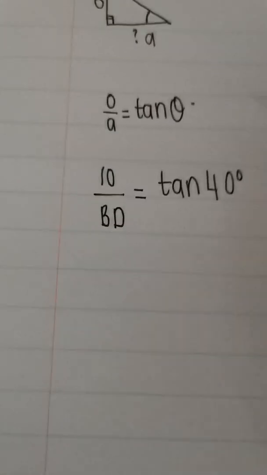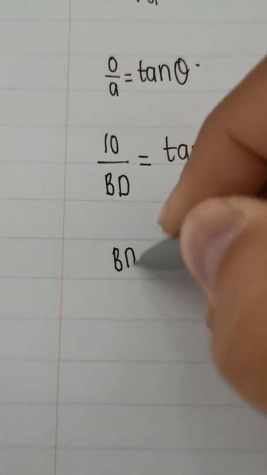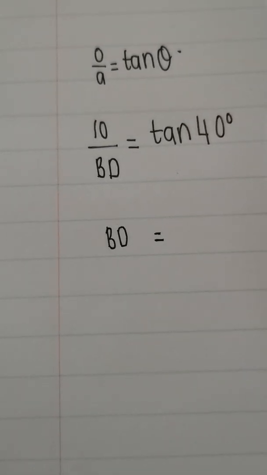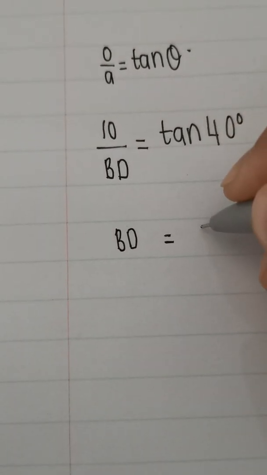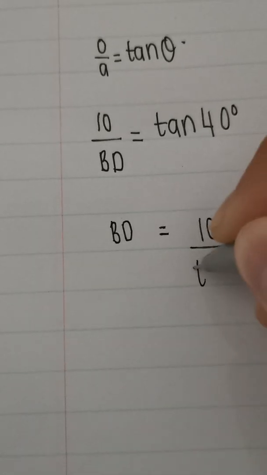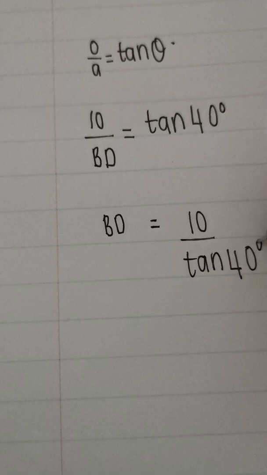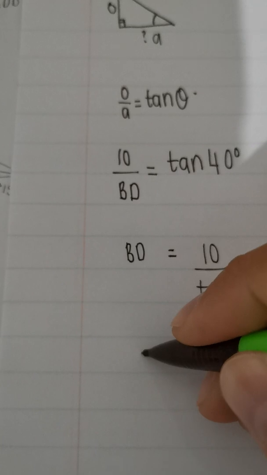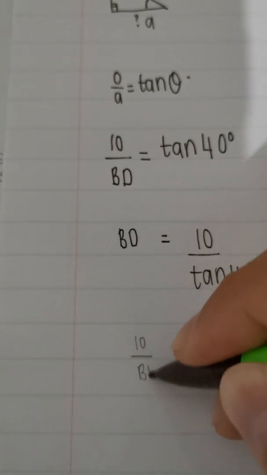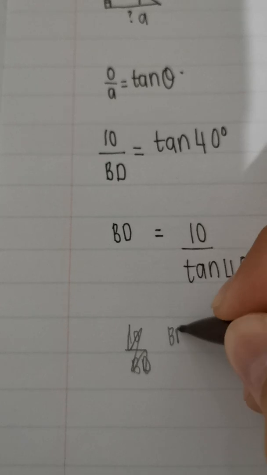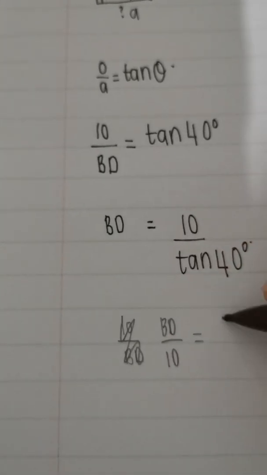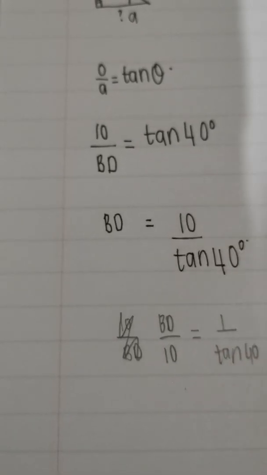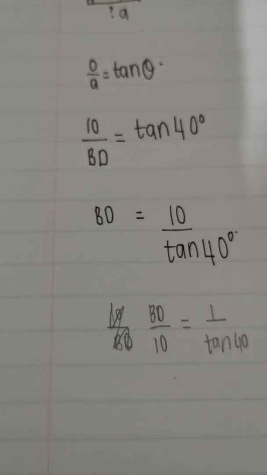Okay, BD is equal to, we're flipping this around, so it would be 10 over tan 40 degrees. What did I do over there? I basically did this, and then I multiplied that side by BD, giving me BD equals 10 over tan 40 degrees.